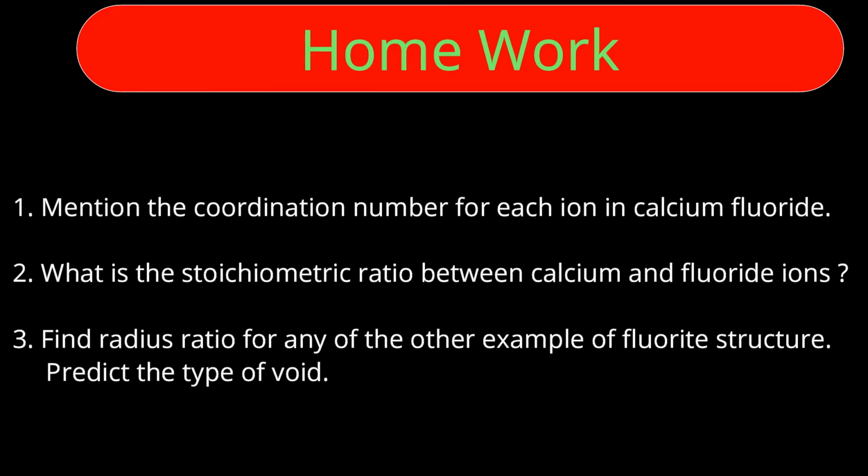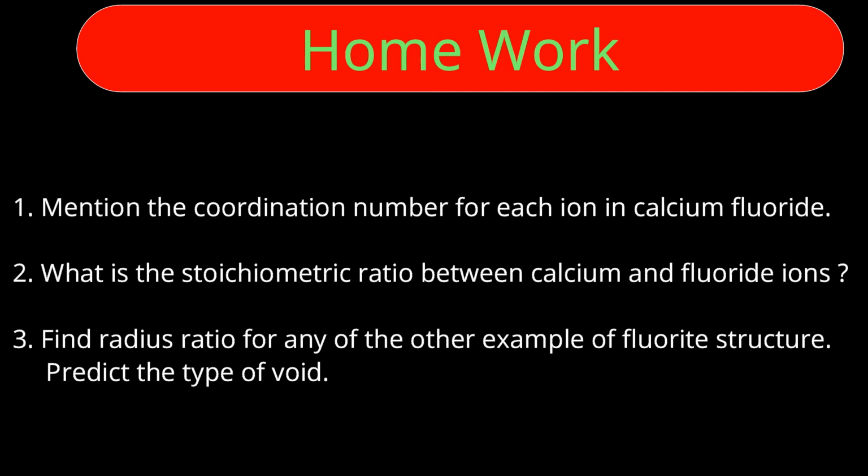Here, three questions are for you as homework. First question: mention the coordination numbers for each ion in calcium fluoride, that is, the coordination number for calcium plus 2 and for F minus. Second question: what is the stoichiometric ratio between calcium and fluoride ions in calcium fluoride?